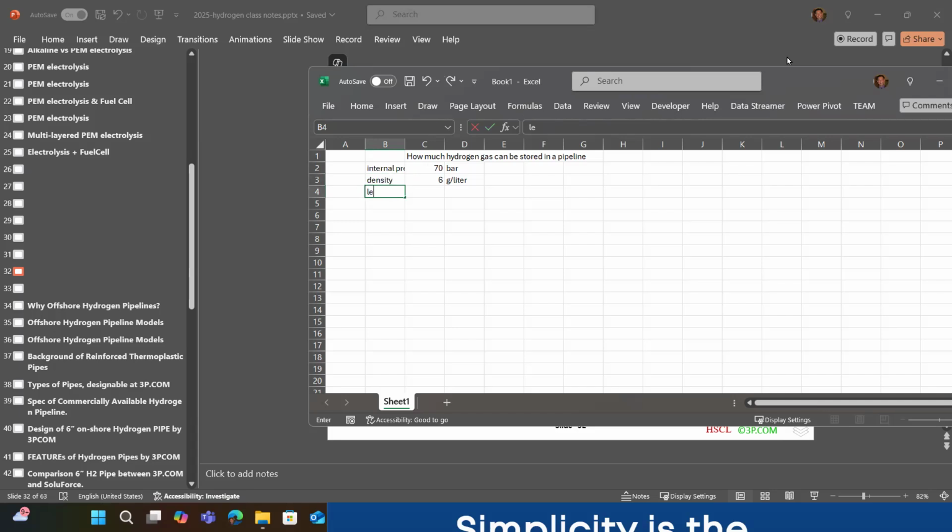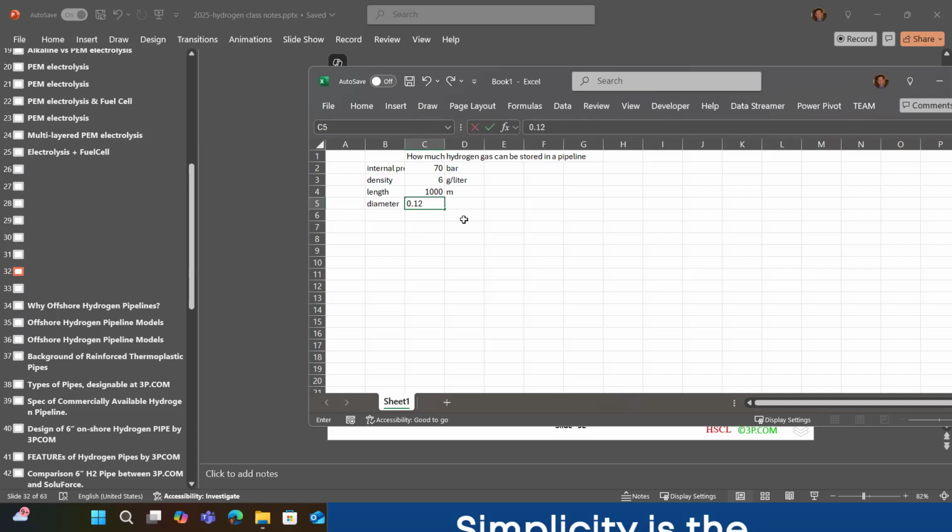Now let's consider the length of this pipe. I will say 1,000 meter, and the diameter of the pipeline system. The diameter usually say 5 inch.